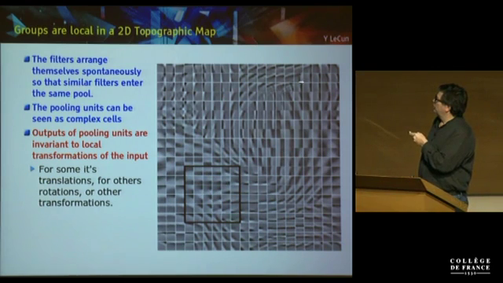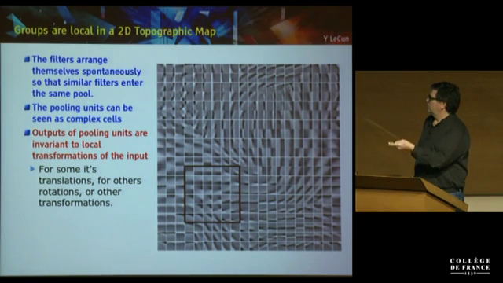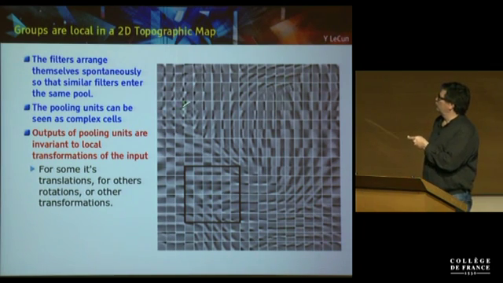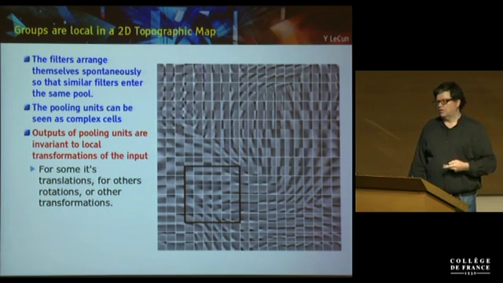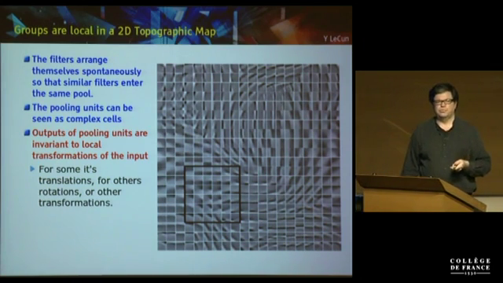So we can see a sort of smooth evolution. This is because pools group filters which are activated together and therefore look like each other, resemble each other. If you put filters that look like each other within the pool, then you end up with this topographic map.